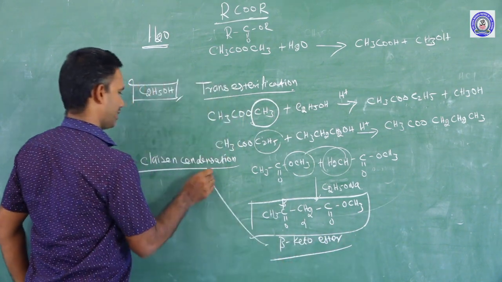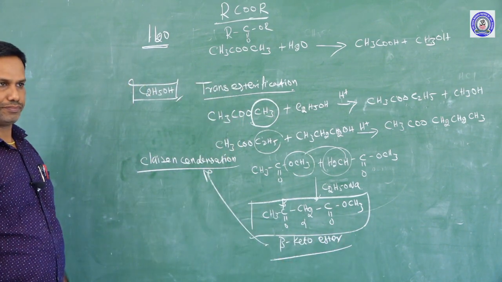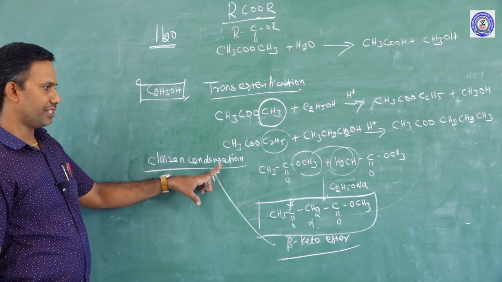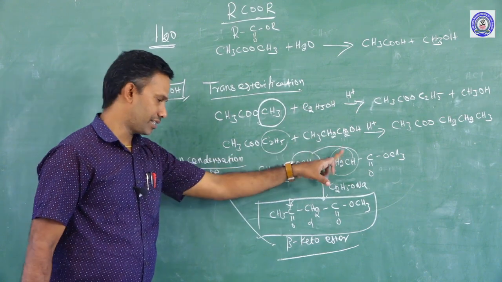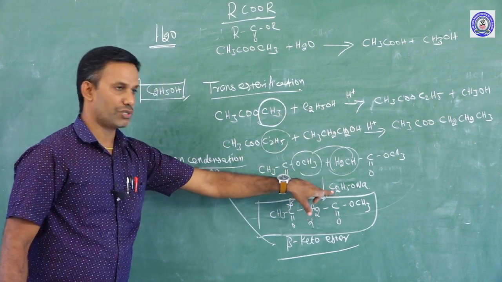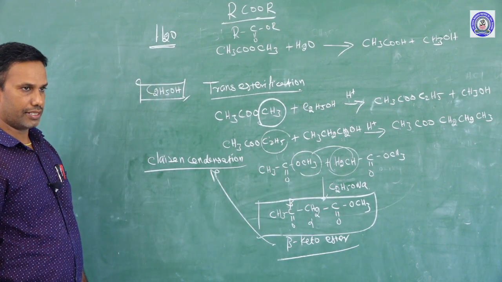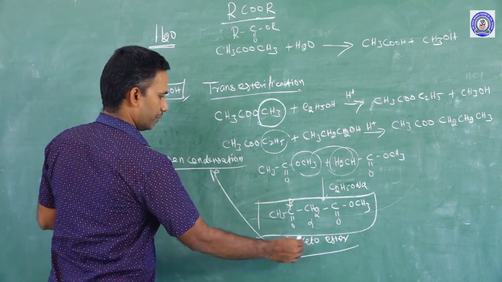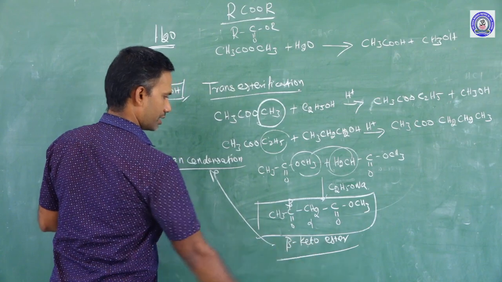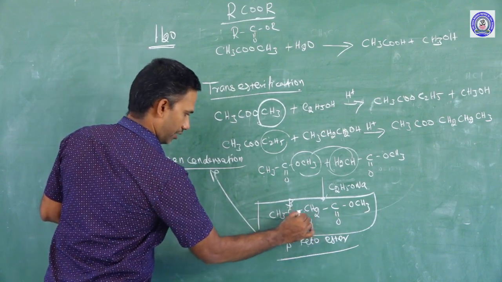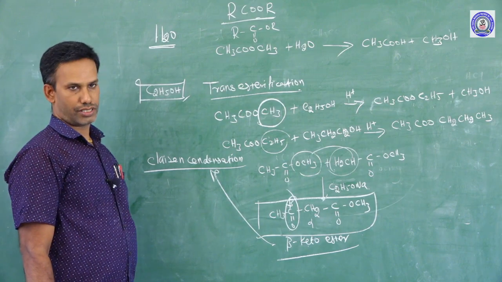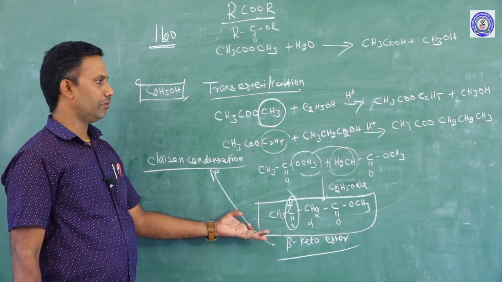This is called Claisen ester condensation. It is a self condensation. Ester treated with another ester in the presence of strong basic substance like sodium ethoxide, the ester is converted to beta keto ester. At the alpha, beta place there is a keto group. So it's called a beta keto ester.